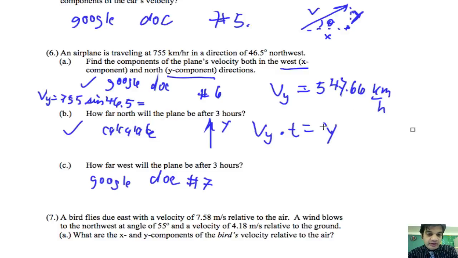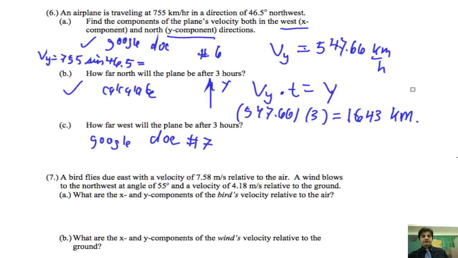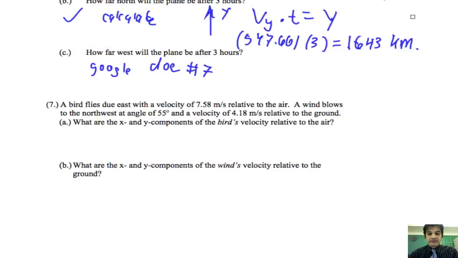And so when we want to get the y, again using the Buggy Lab formula, 547.66 times 3 hours gives us the amount that we travel, and that works out to 1,643 kilometers. So you'll do that as Google Doc number 7. That's very good. So for Google Doc number 6, you're going to get Vx for me, and that's just going to be great.